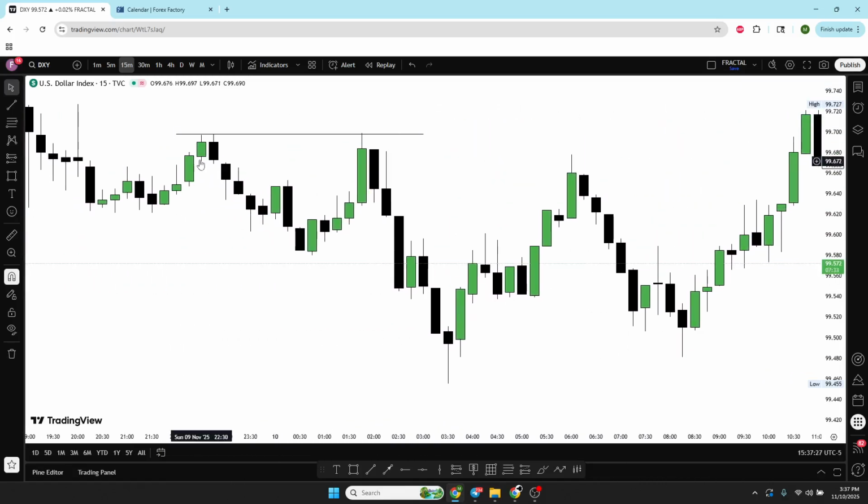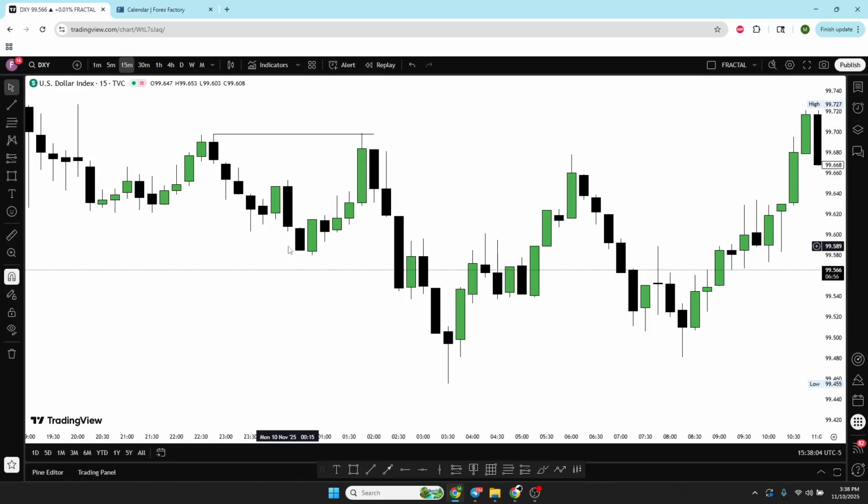Right, just with one PD array on the hourly chart, we can create a model. So as you see, we ran up at 1:45 a.m., prior to the London session, and then we started the session here on this candle, 2 a.m. So with this run, as I always say, after a run on a buy side liquidity pool, which is this old high, you want to look back down into the range to find the lowest or the nearest old low.